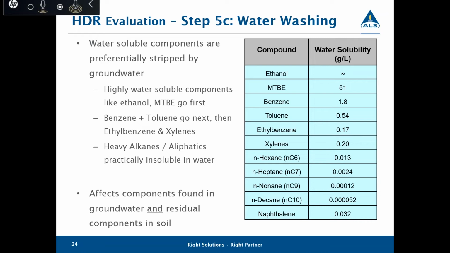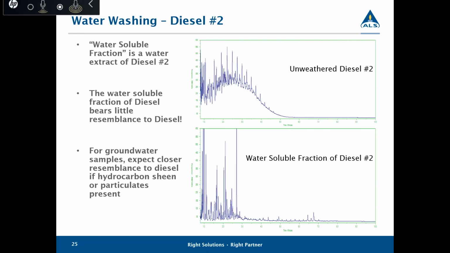So in a system where there is an underground release exposed to groundwater, this process will affect both the groundwater and the soil contamination. The water concentration will increase during the washing, and the soil concentration will decrease. Looking at the chromatograms of an example of water washing on diesel, we tried to recreate this process in the lab to mimic a single washing event.